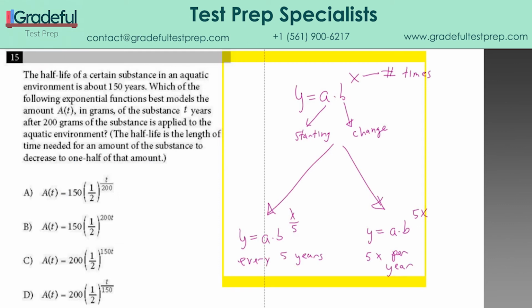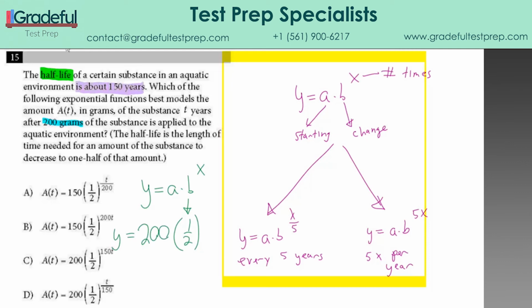Here, we know that this is a half-life. So whatever we're talking about is being halved. So in our y equals a times b to the x, the b, the change, is 1/2. We're told that the starting amount is 200 grams. So that goes right here, where the starting amount is. And the most important part of all of this is that it's happening every 150 years.